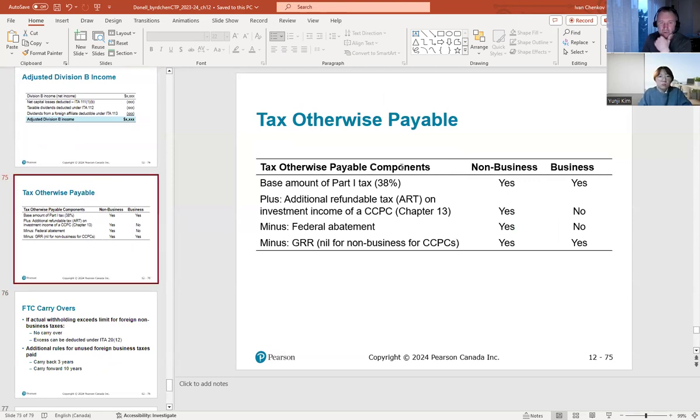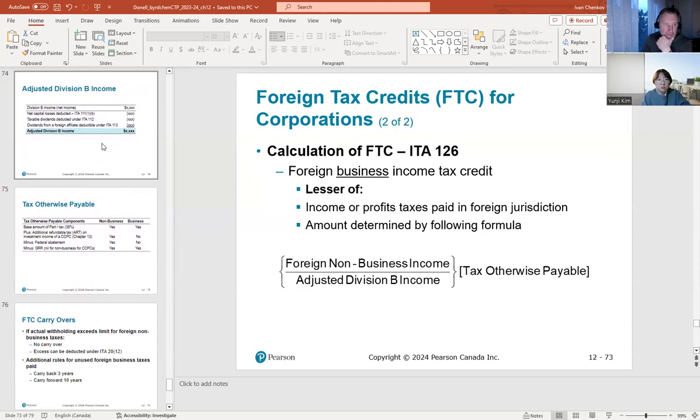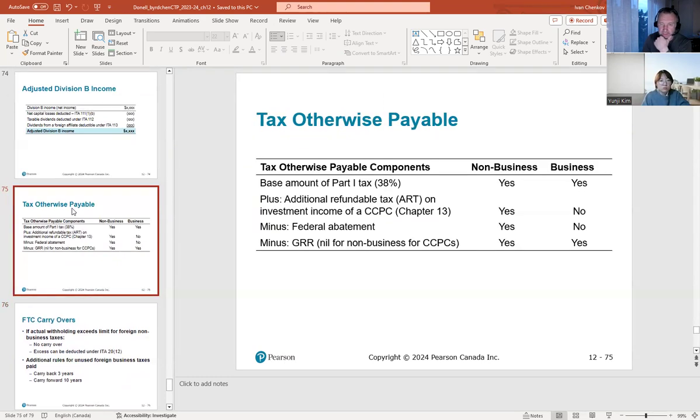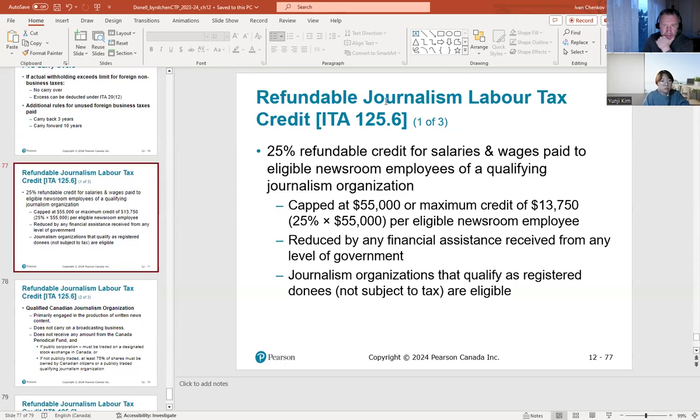Tax otherwise payable component, non-business, business. It's not clear which one applies. Is this for the foreign businesses or for the general businesses? Probably it's the foreign businesses because of the foreign tax credits. Everything is on the foreign tax credit. Okay, the general labour tax credit, that's something very specific.